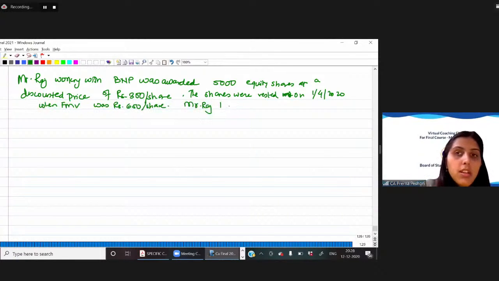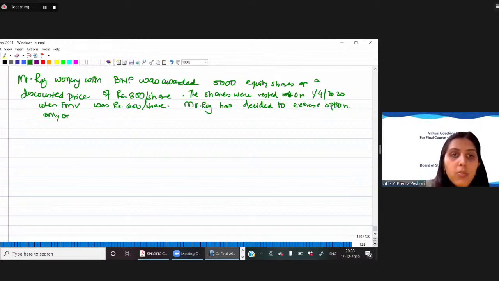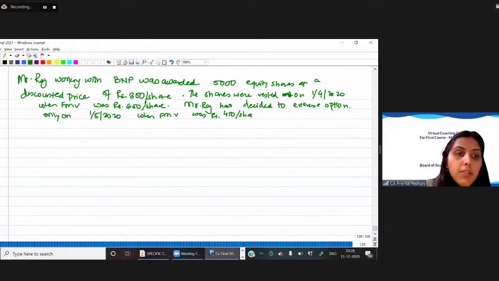Mr. Raj has decided to exercise the option only on 1/5/2020, when fair market value was rupees 450 per share.